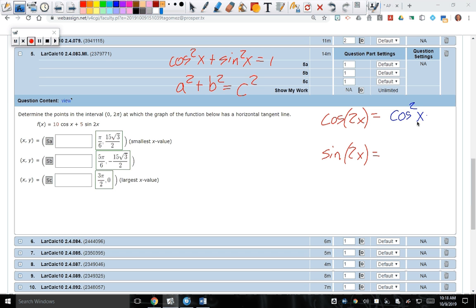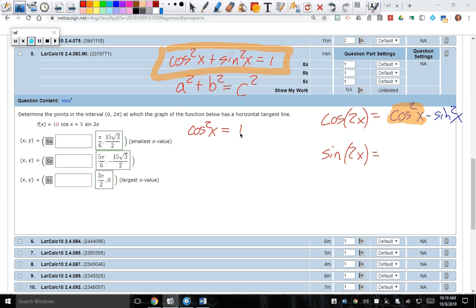Cosine squared minus sine squared, which is a little bit like this, only different by that negative. But if you wrote it like this, can someone tell me what is cosine squared equivalent to if you're using this equation?